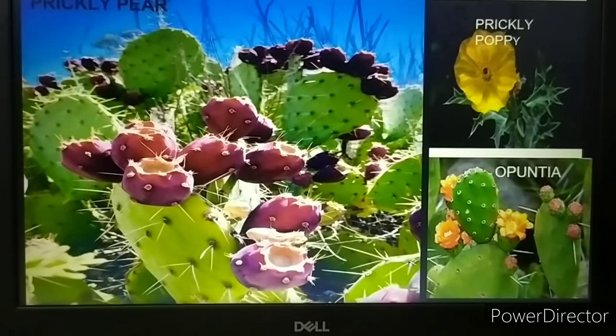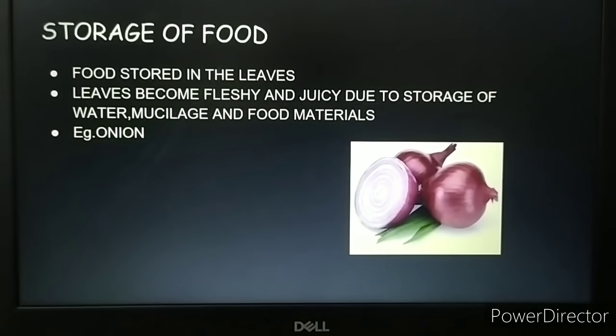The next type of modification a leaf can undergo is scale leaves, which is a modification for storage of food, and it also helps in protection of the leaves.